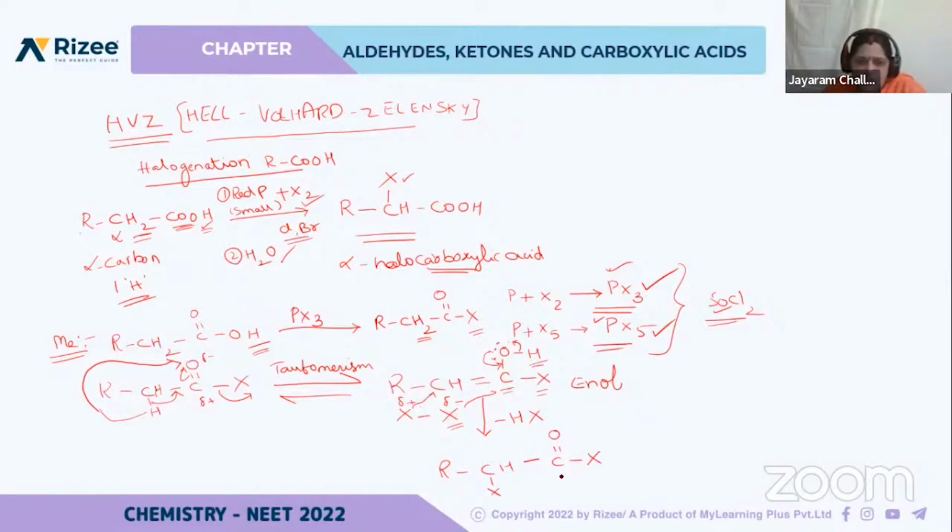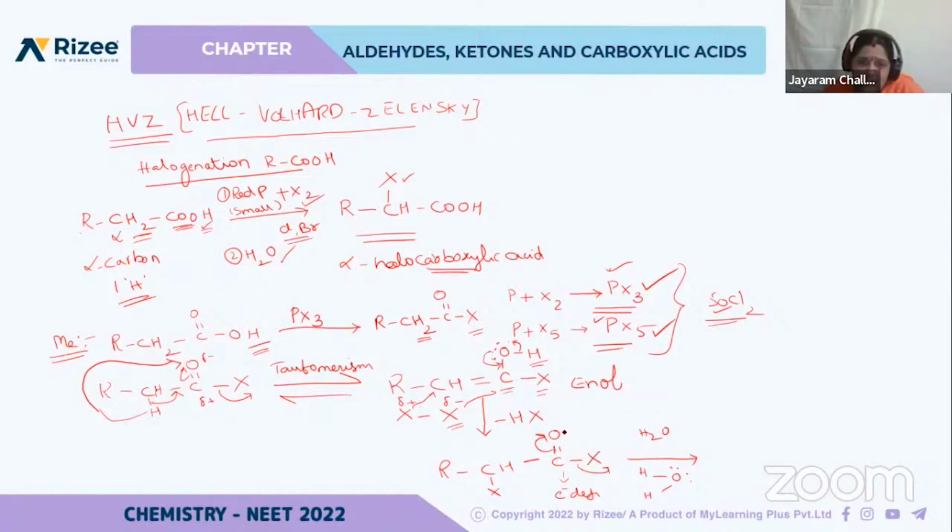So in this case also, same thing. This carbon is electron deficient. So what happened here? Our water comes into play. This water has lone pairs of electrons. This oxygen attracts the pi electrons, and this X, as a good leaving group, goes out.